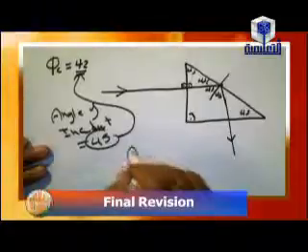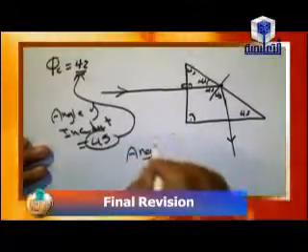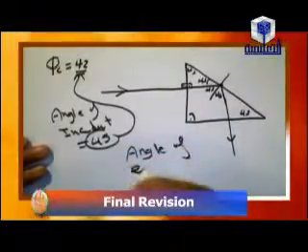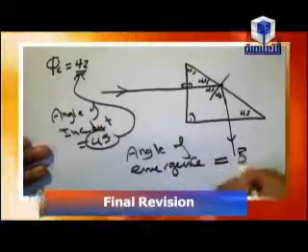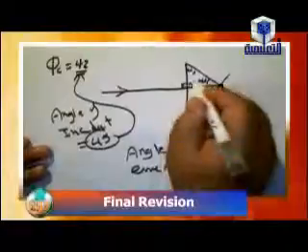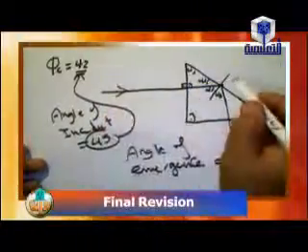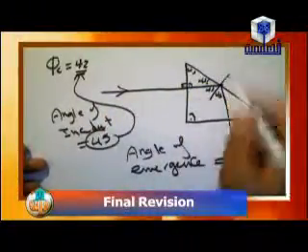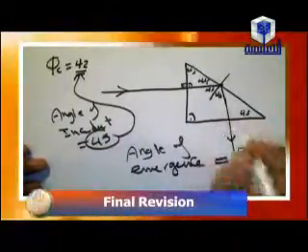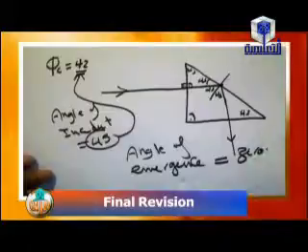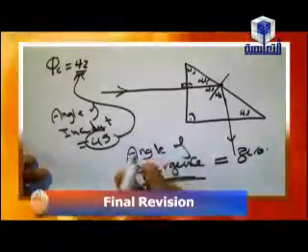So the angle of emergence equals 0. In this case, the ray totally reflects inside the prism and emerges from the prism with angle equals 0, because the ray comes on the normal.